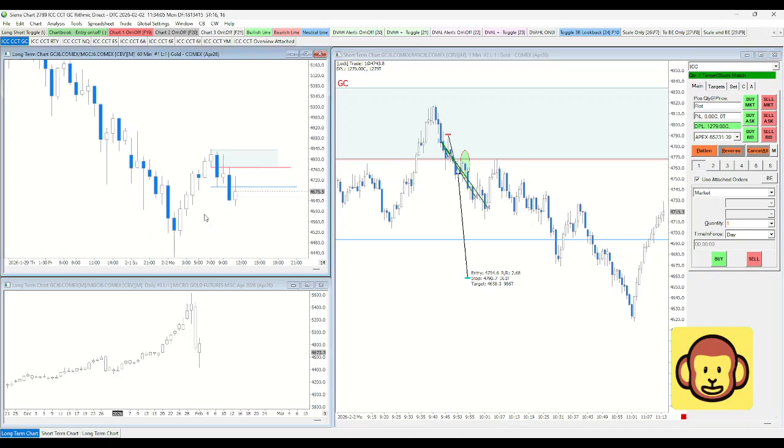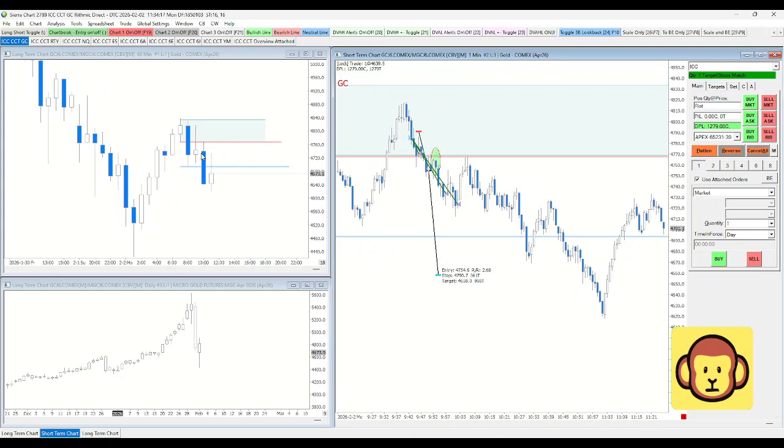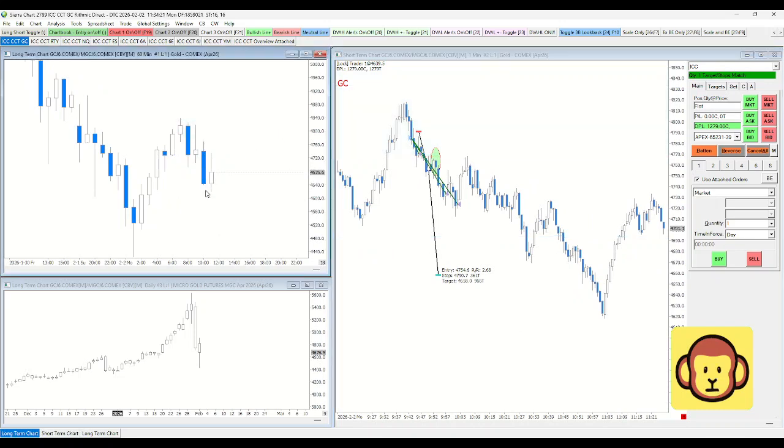It would have been much better to have looked at this uptrend, for example, or to catch maybe this second move down. So we've got the blue candle. Let's just look at this and see how it would have worked out. We'd have the range as being this yellow.